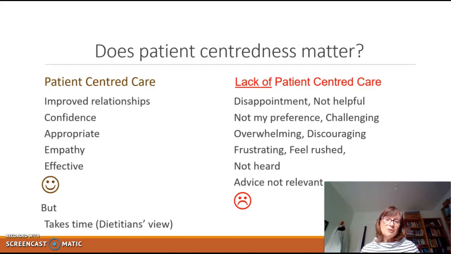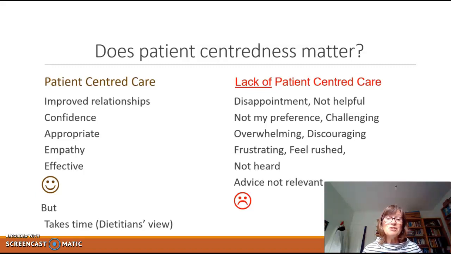What I really want you to focus on at this moment is what the lack of patient-centered care leads to. Because we often think about the benefits, but don't think about the disadvantages when we're not patient-centered. And this is a longer list and a really important list for us to keep in mind. So our patients are disappointed.